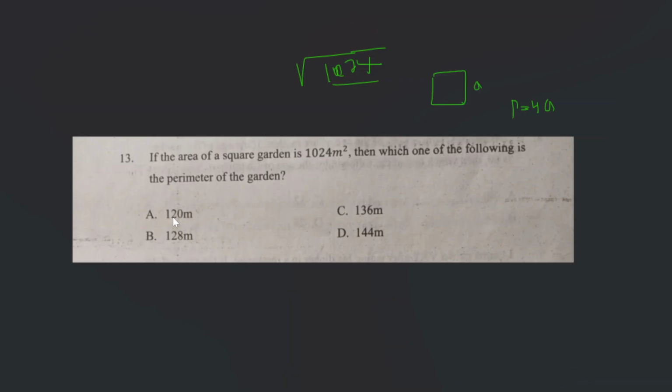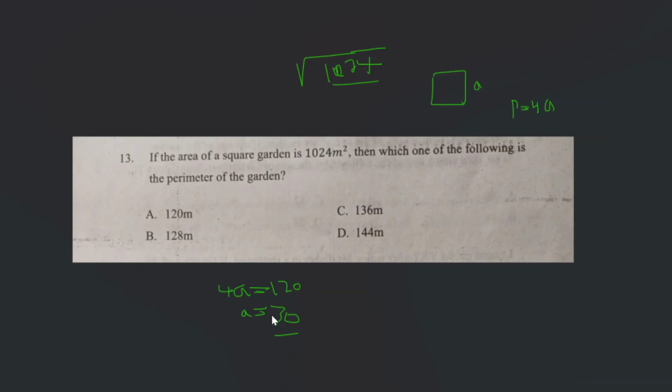So to take this number, I could assume this is a little bit smaller because 120 divided by 4 is going to be 30. 30 times 30. Let's take A, for example: 4A equal to 120, which means A equal to 120 divided by 4 is going to be 30, right?